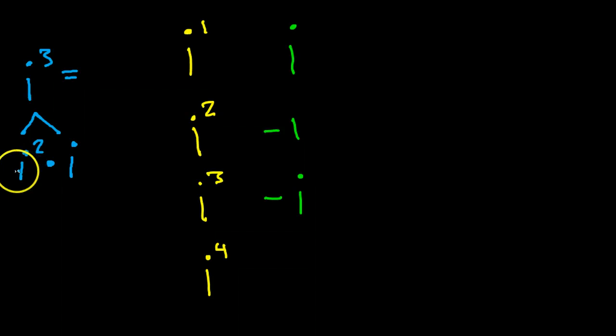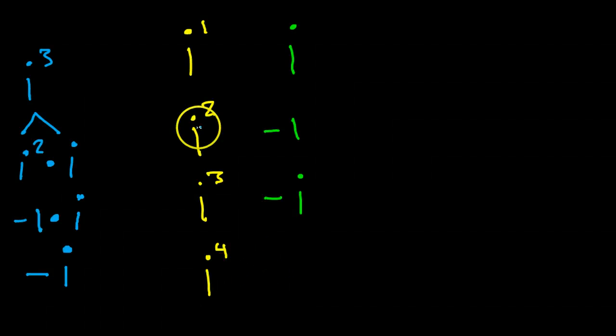Because altogether that would make i to the third power if you multiply it back together. So i to the third power is i squared times i. Now we just learned that i squared is -1. So that means this is the same thing as -1 times i. And of course we wouldn't really need the 1 here. -1 times i is -i. So that's why i to the third power is -i.